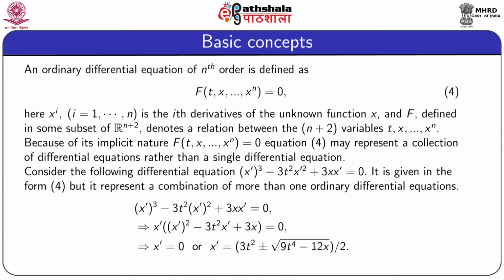An ordinary differential equation of nth order is defined as f(t, x, x', x'', ..., x^(n)) = 0, given by equation 4. Here x^(i), i equal to 1 to n, is the ith derivative of the unknown function x, and f, defined on some subset of R^(n+2), denotes a relation between the n+2 variables t, x^(0), x^(1), ..., x^(n).